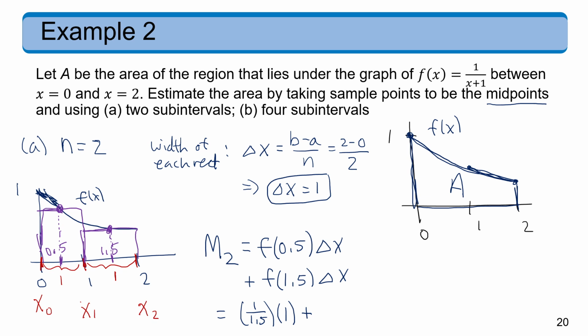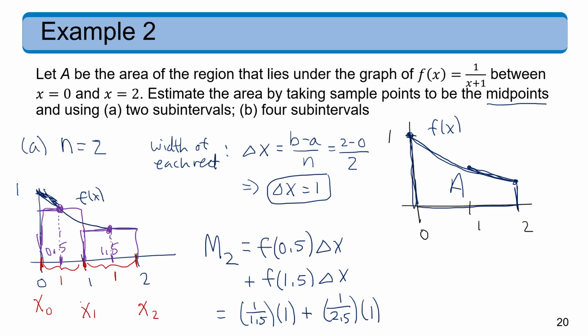Plus, go to the second expression, we have f evaluated at 1.5. So in our formula here, the denominator is 1.5 plus 1, which is 2.5. So it's 1 over 2.5, and then the delta x again is 1. So one way to simplify this, we could think of 1.5 as 3 halves.